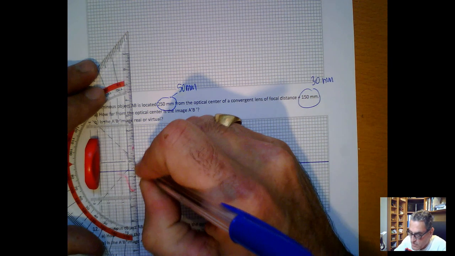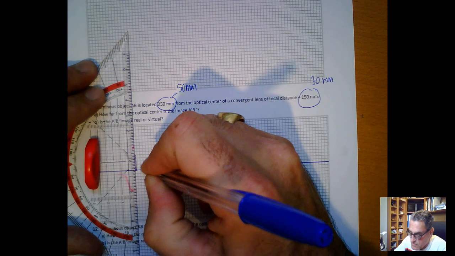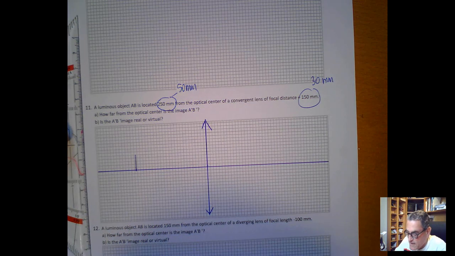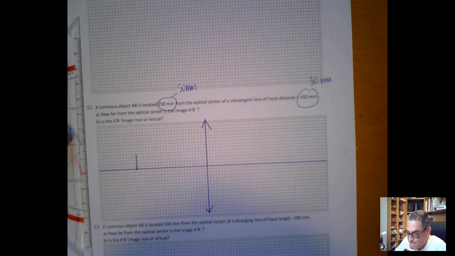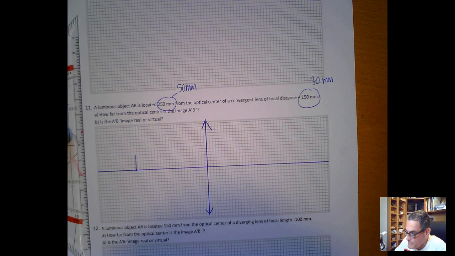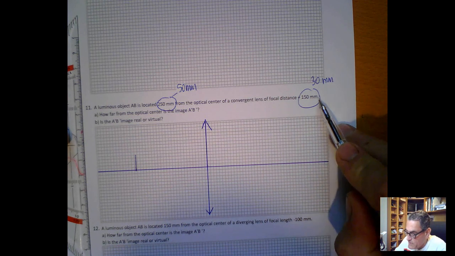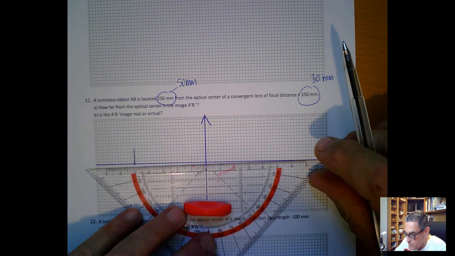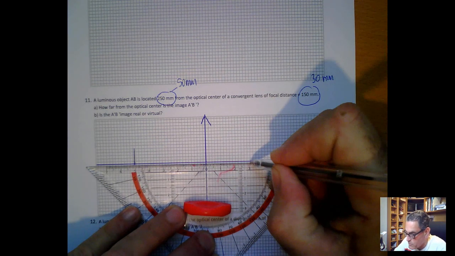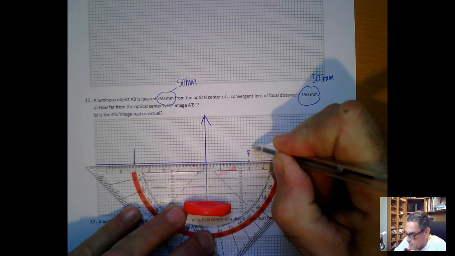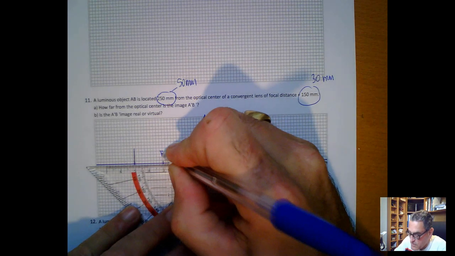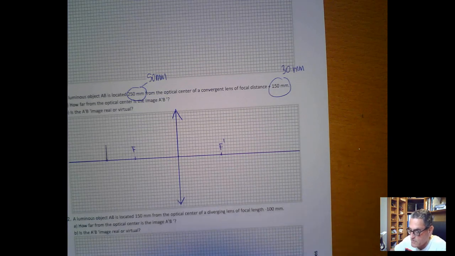The object is here. They don't give a height, so I will do 5 squares high. And we want a convergent lens of focal distance 30 millimeters, so I'm going to put the focal points here. This is the image focal point, this is the object focal point.